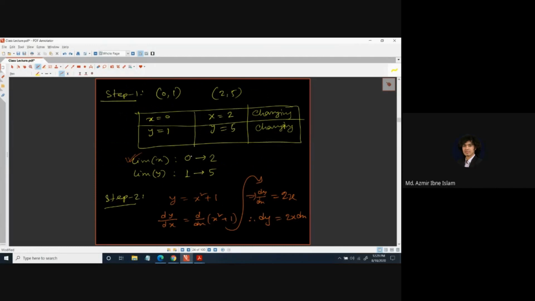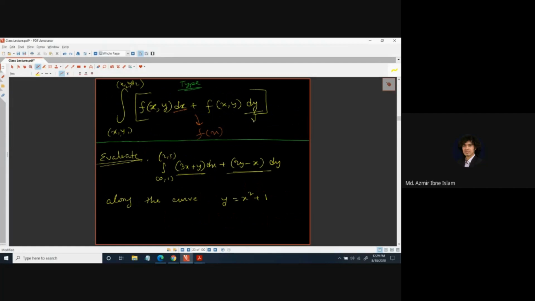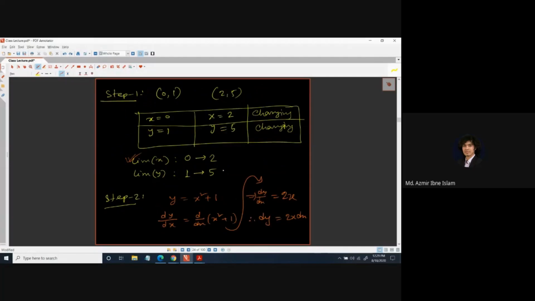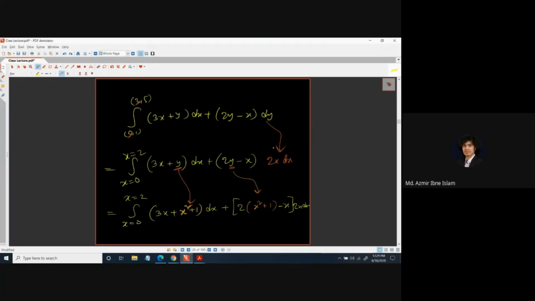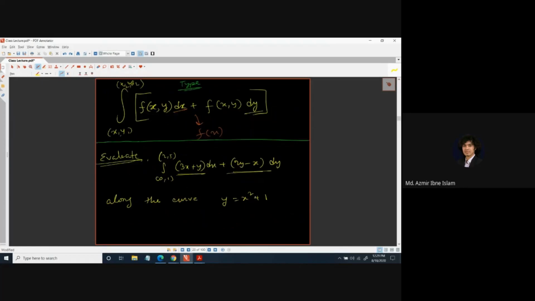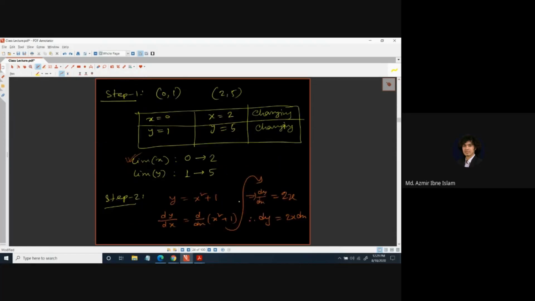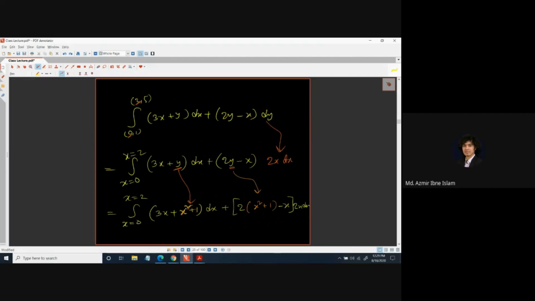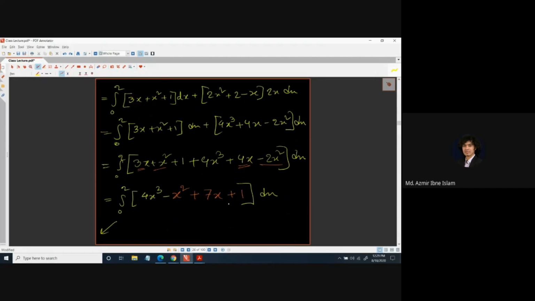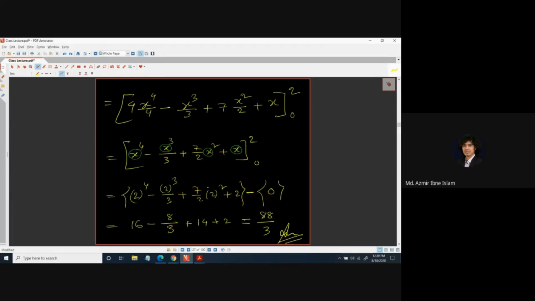So that's why we have to convert dy to dx. For that case, we are differentiating in terms of x. Now we can replace dy with 2x dx. That's the thing I have done here. And y is given, y is x squared plus 1 in your question, so I have replaced y as x squared plus 1. Now I have used just simple algebraic manipulation and found this result.